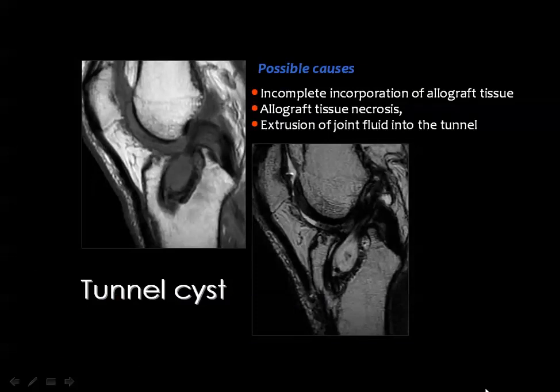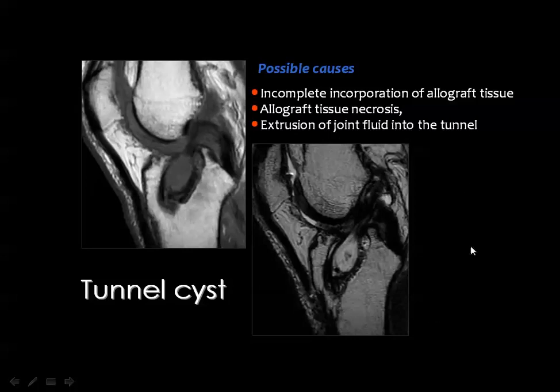Then one of the complications is known as the tunnel cyst, and this is a collection of fluid in one of the tunnels, either in the tibial tunnel or in the femoral tunnel. And these are the possible causes: incomplete incorporation of the allograft tissue, or the graft necrosis, or extrusion of the joint fluid into the tunnel.